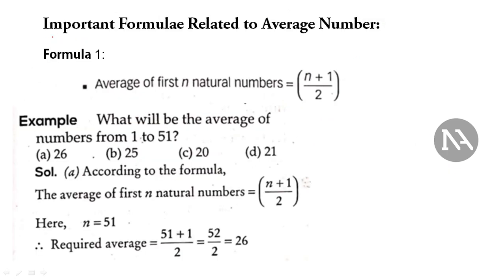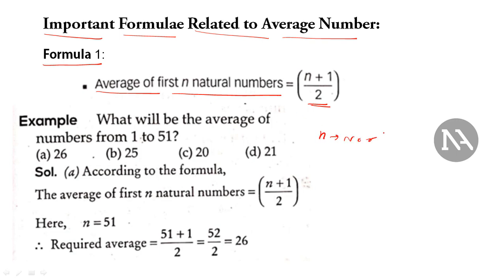Next, we will see some important formulae related to average. Formula 1: the average of the first n natural numbers is equal to n plus 1 divided by 2. What is n? N is the number of natural numbers.